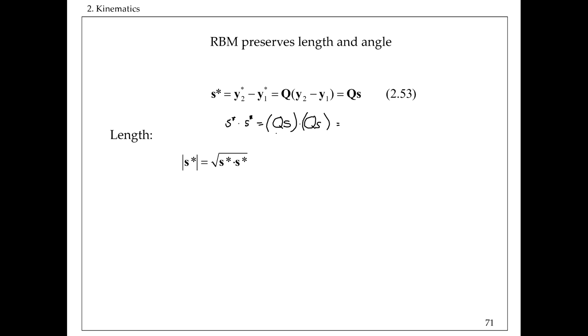Then we can use that trick that we did before, and you can do this exercise one more time: we can rewrite what is in this left parenthesis as S multiplying, with a dot product, Q transpose, right?